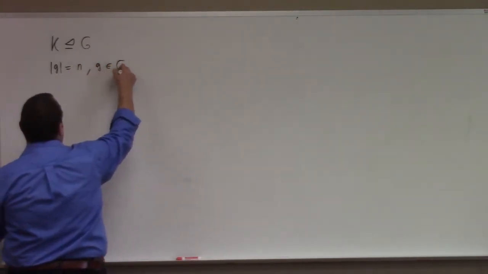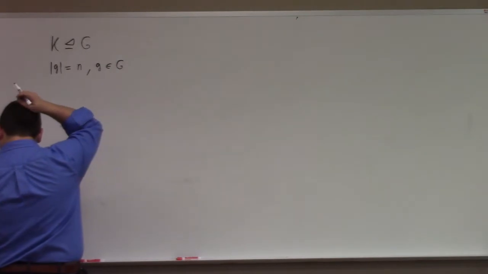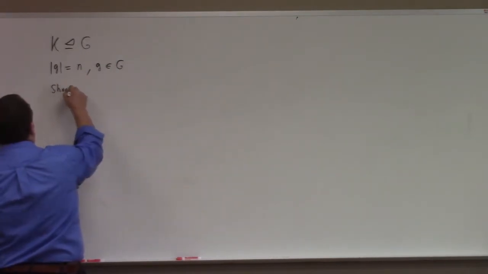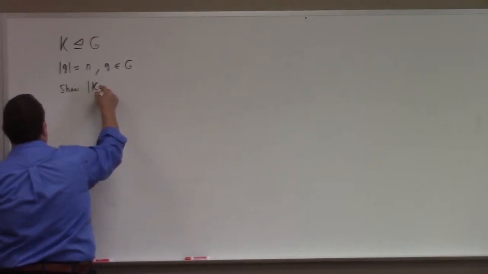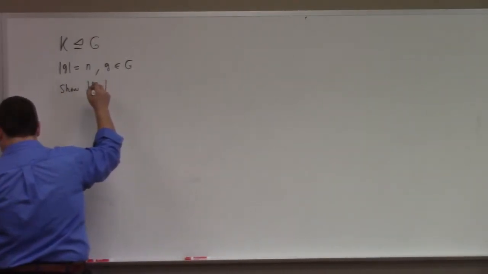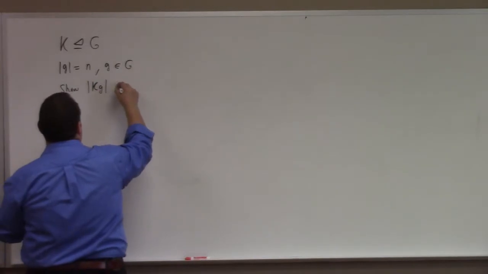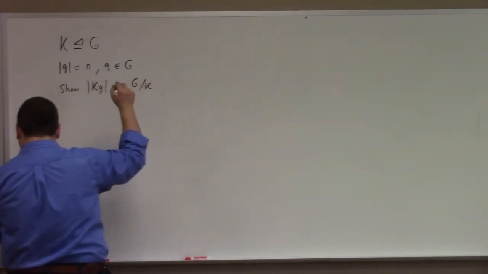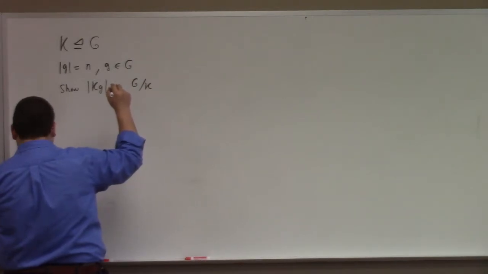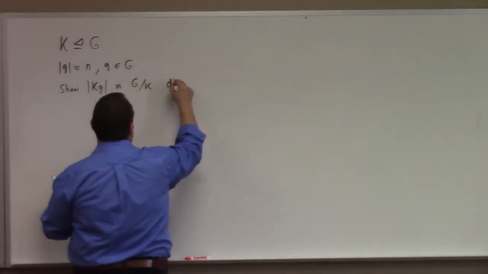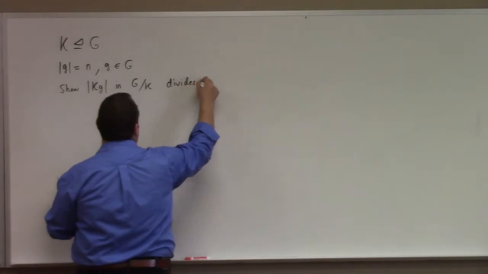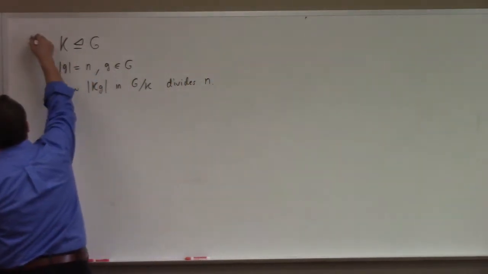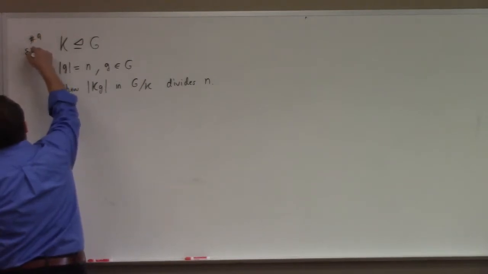What else do we get there? We're supposed to show that the order of kg in G/K, the factor group G mod K, divides n. This is number 9 of section 2.9 in Nicholson.